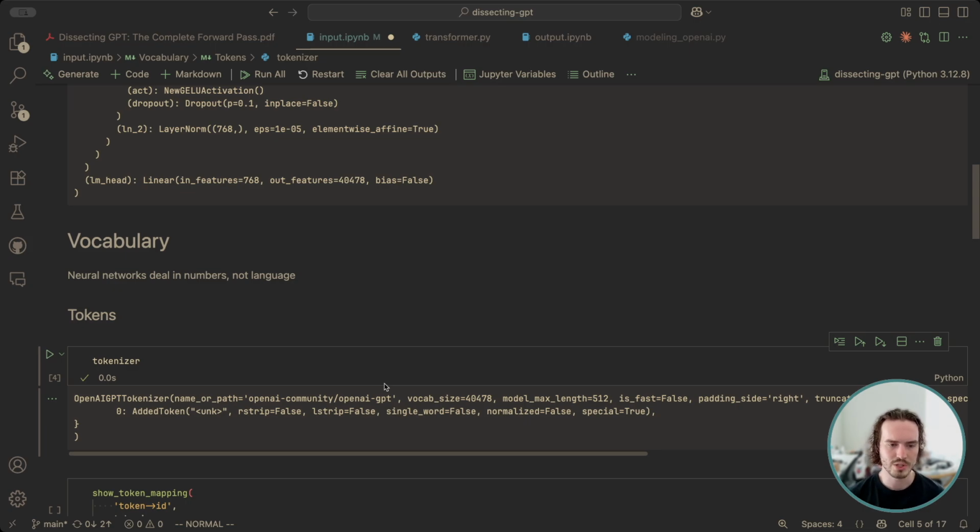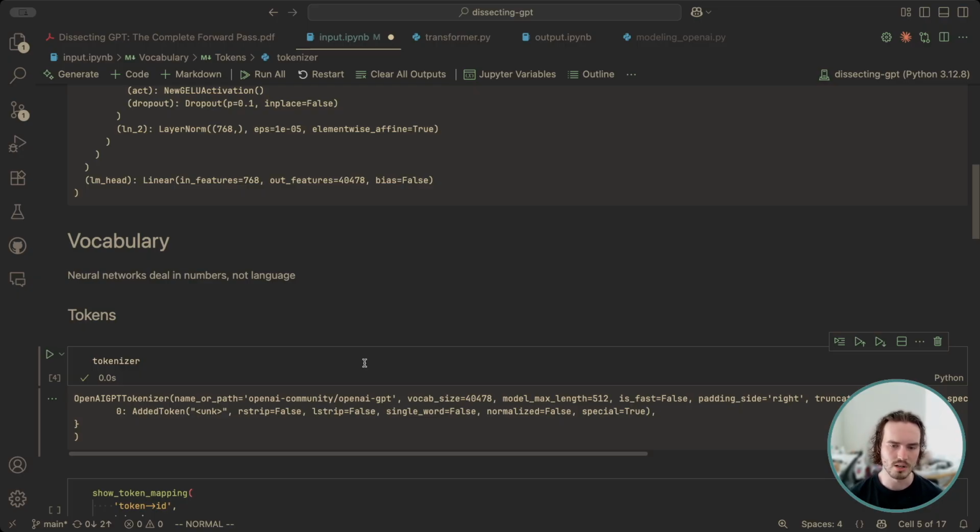This thing is a function that pretty much you feed it a corpus of text, and then it runs some statistical stuff to figure out the most frequently occurring units of language within a corpus of text. And so this tokenizer has already had that happen.